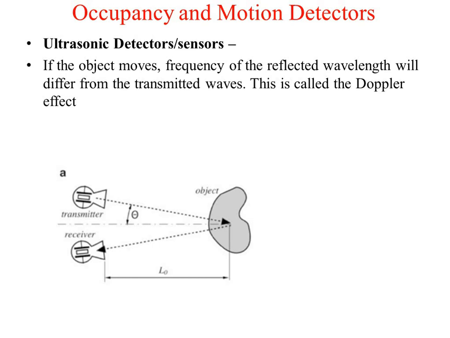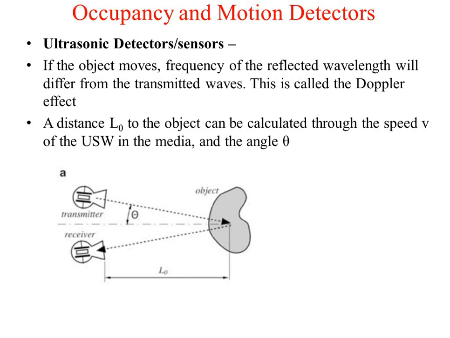But let us consider that the transmitter is one device and the receiver is another. The transmitter transmits at an angle theta to the plane towards the object, and the object reflects the wave, and it will be received at the receiver.